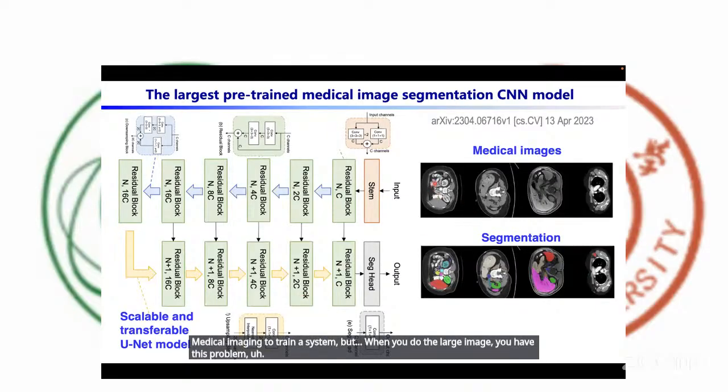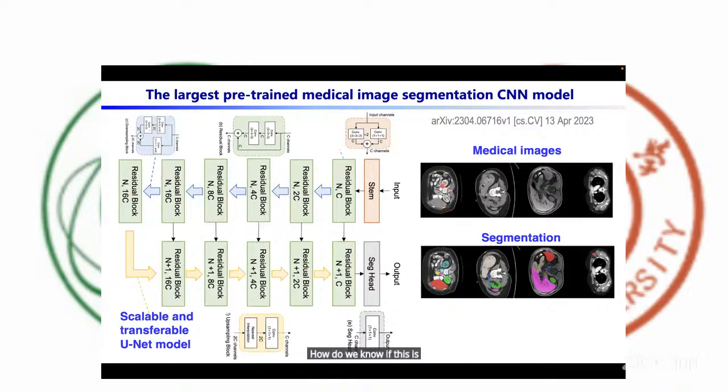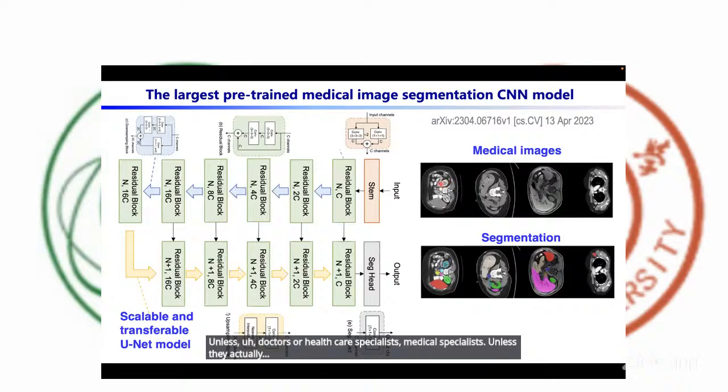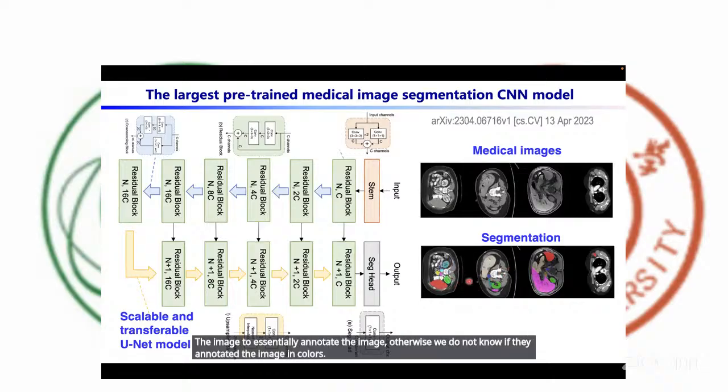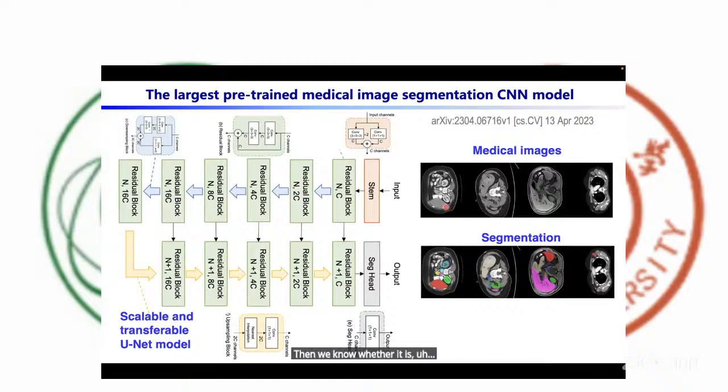But when you use large image sets, you have this problem. For instance, looking at this image, how do we know if it is abnormal or normal? Unless doctors, health care specialists, medical specialists, mark and annotate the image in colors, we do not know whether it has a problem and where the problem is.